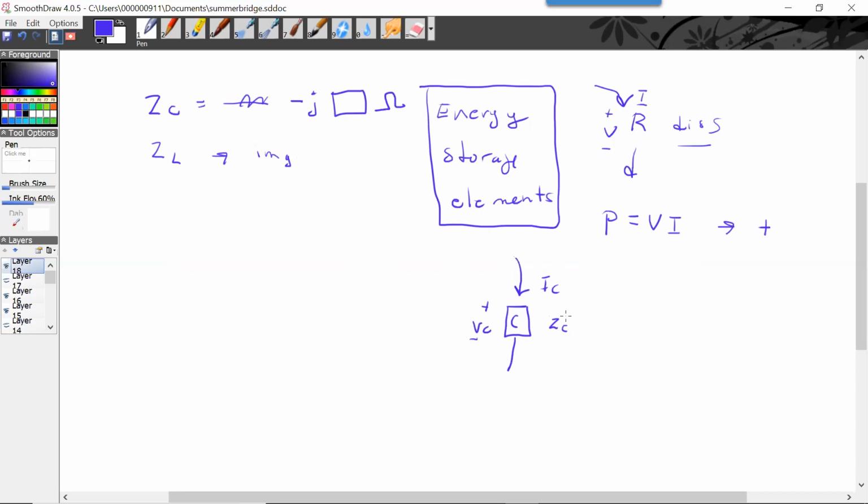Now, the other, you could say more mathematical part of this is that I have to talk about something called the Laplace Transform, all right?